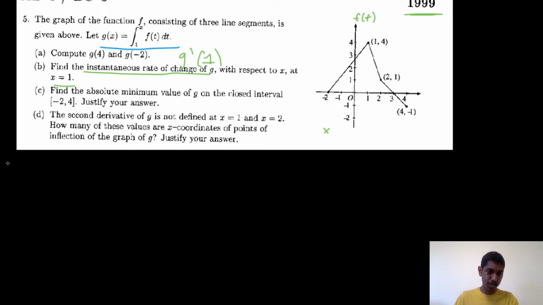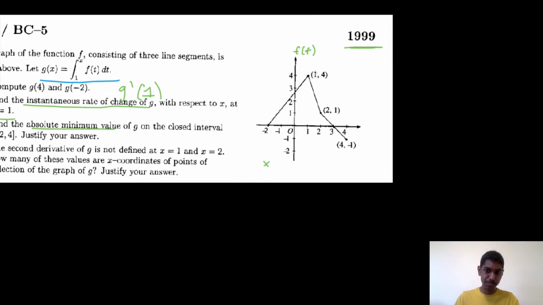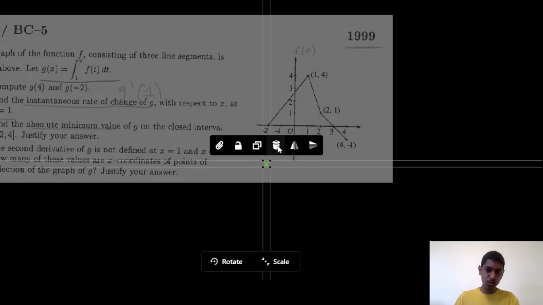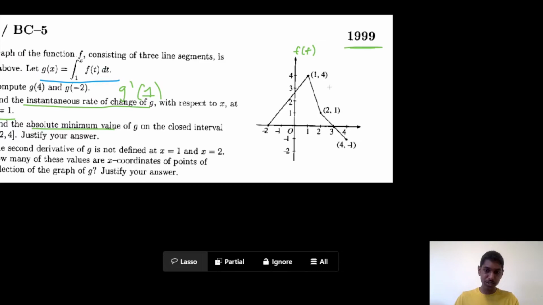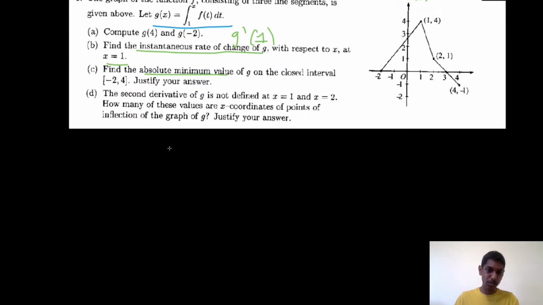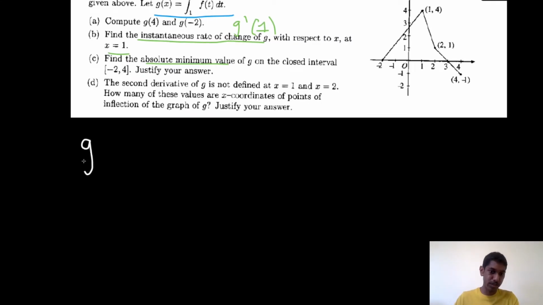Now we move to part C, where we're finding the absolute minimum value of g. So the first thing that we can do is we know that we're looking for critical points of g, right? So we know that g prime is f, right?